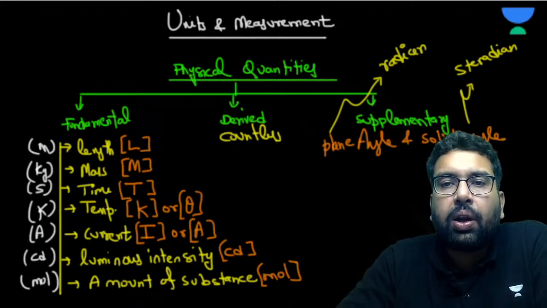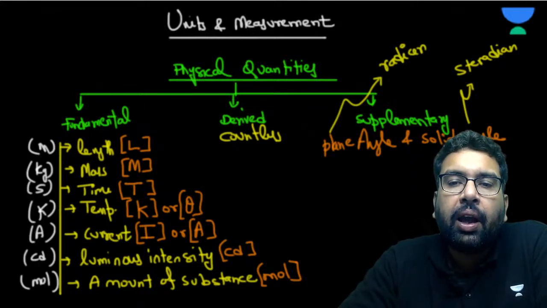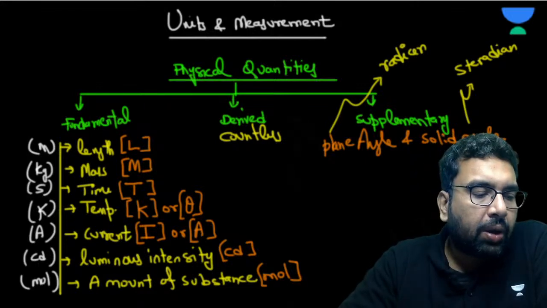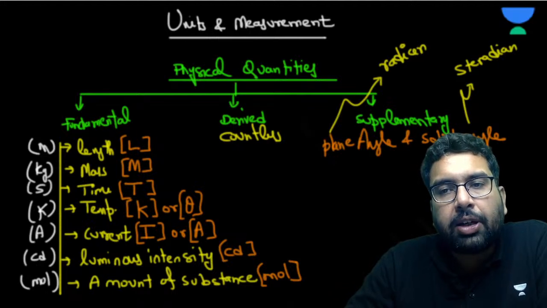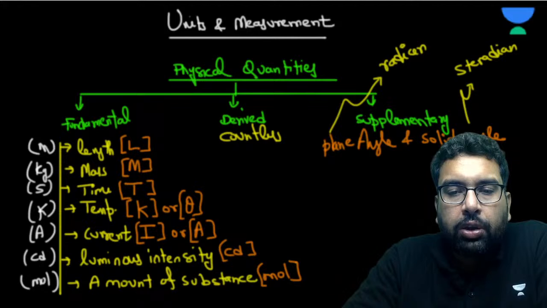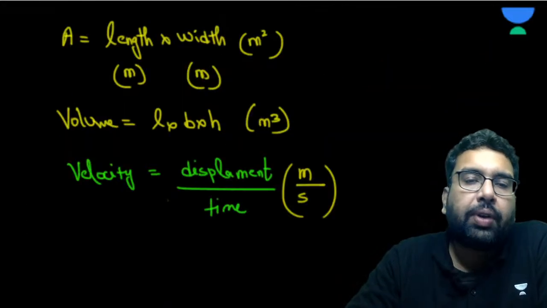So supplementary quantities like angle and solid angle are quantities which have units, but they do not have any dimension. What is so special about the supplementary quantities?